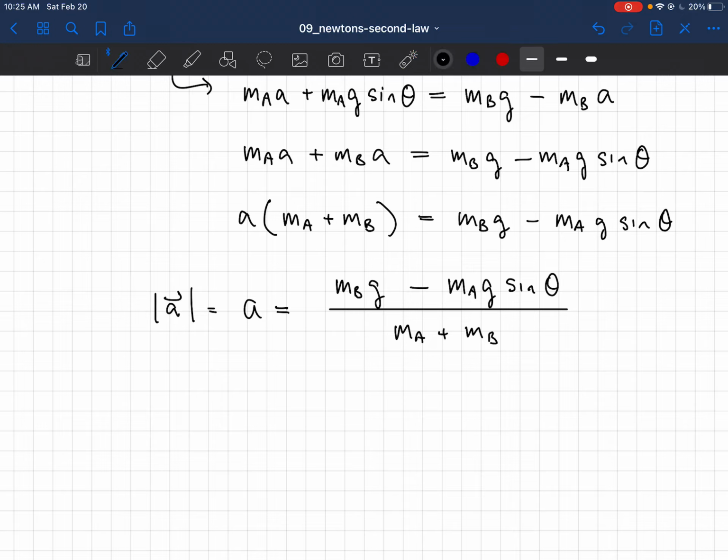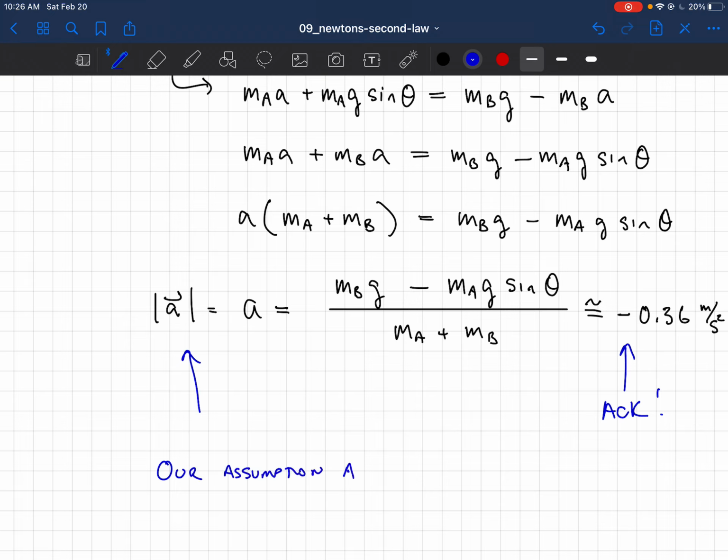And what we get is approximately minus 0.36 meters per second squared. So it's negative. We found a magnitude is equal to a negative number. Well, that's no problem. We just state it at the end.